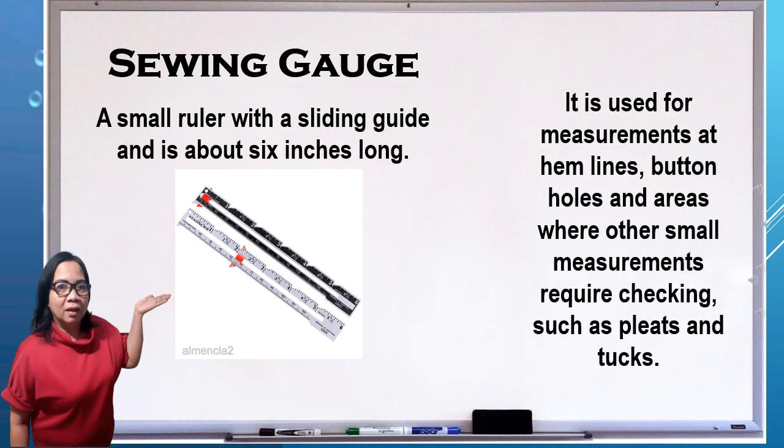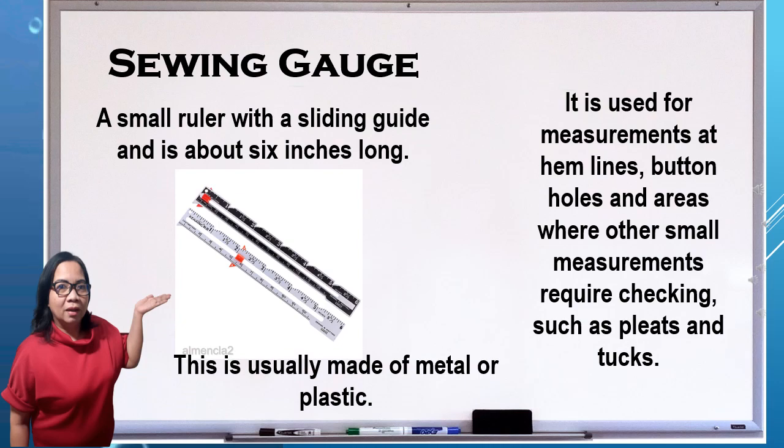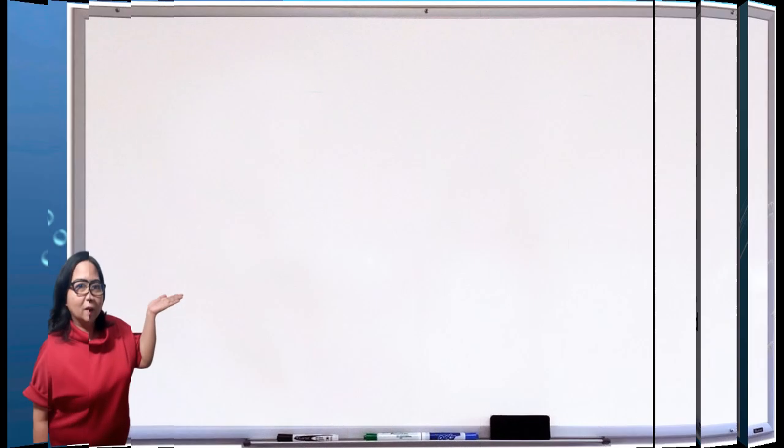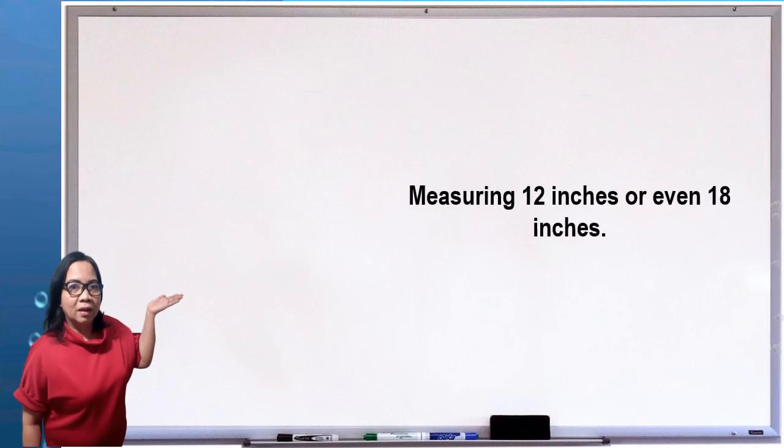It is used for measurements at hemlines, buttonholes, and areas where other small measurements require checking, such as pleats and tucks. Sewing gauge is usually made with metal or plastic.